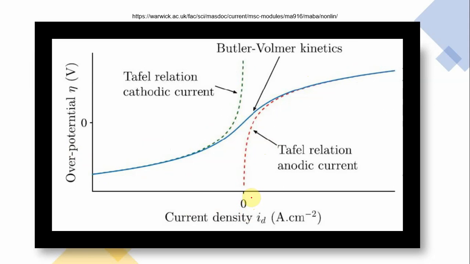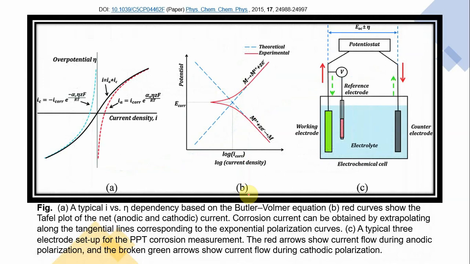Now these types of plots have practical implications. They can give us information about certain processes. For example, if you are looking to control corrosion, like in this paper, the information is given over here. These scientists tried to study and control the corrosion with the help of this type of study, in which the current density and overpotentials are plotted, and we have got the plot that we just saw on the last slide.